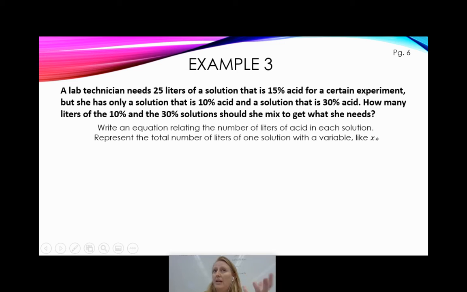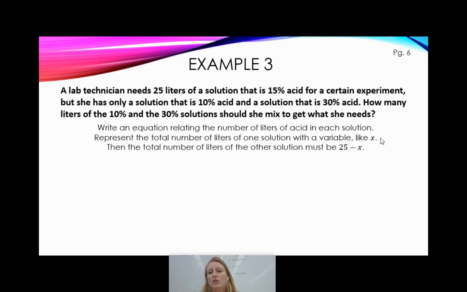So if x is the liters of my 10% solution, then the total number of liters, 25, means my other solution should be 25 minus x, right? Because I want a total of 25. So if I subtract out my 10% solution, that'll tell me how many liters I need for my 30% solution.